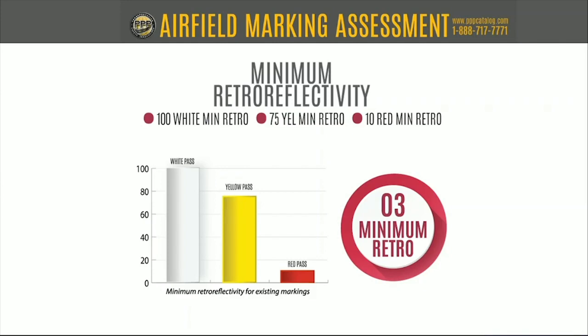We've seen the Federal Highway Administration working for years on creating a minimum. Hopefully we're going to see that by the end of 2019. Understand that these numbers, this 100 and so forth, these 175 and 10, are not very high thresholds, to be honest with you. We go into more detail in other webinars about what a millicandela is and how we measure it.